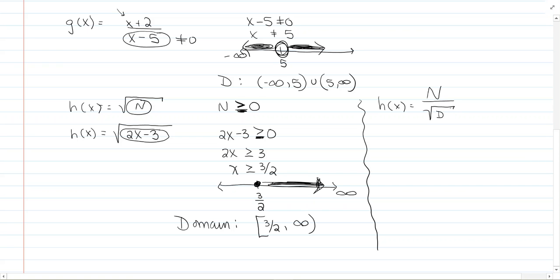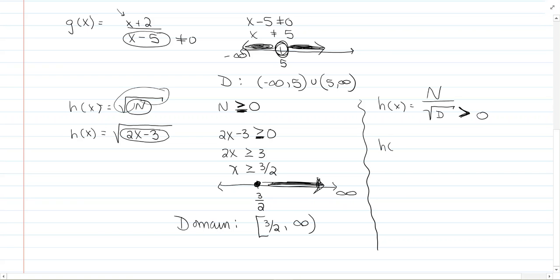Now, again, because of the radical, it's going to be greater than, but not the equal symbol, because you're in the denominator. So anytime you see a radical, you better start writing the greater than symbol down. If it's up in a numerator, it's greater than or equal to. If it's down in a denominator, it's just greater than 0.